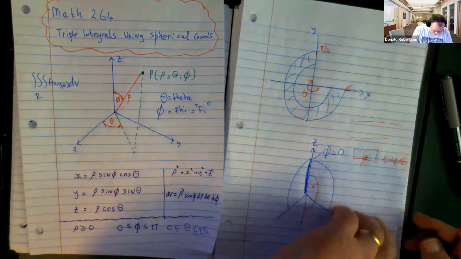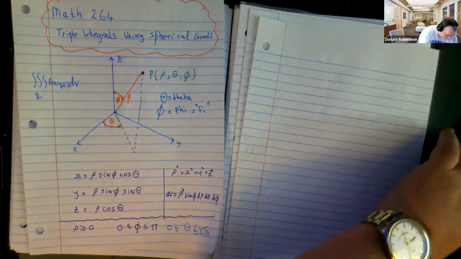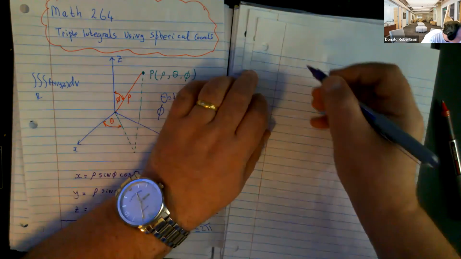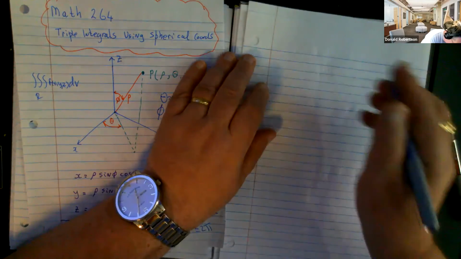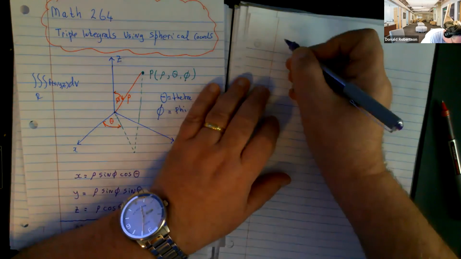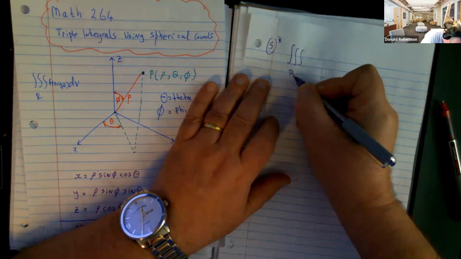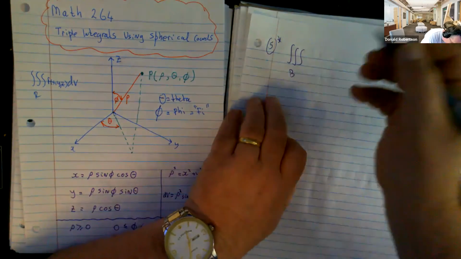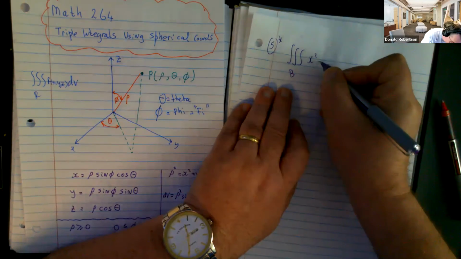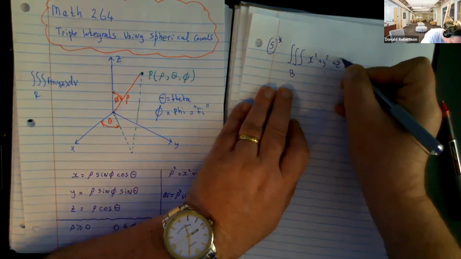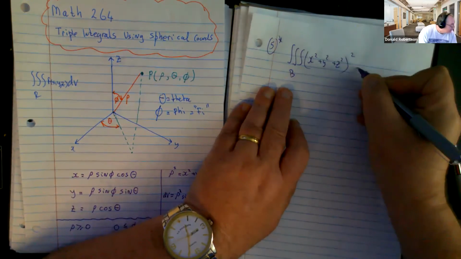So let's do one from scratch. We are being asked to integrate in question 5 a triple integral over some region B, for ball I guess, of (X squared plus Y squared plus Z squared) all squared dV.